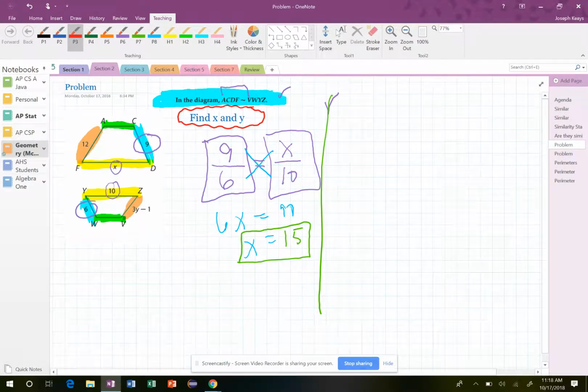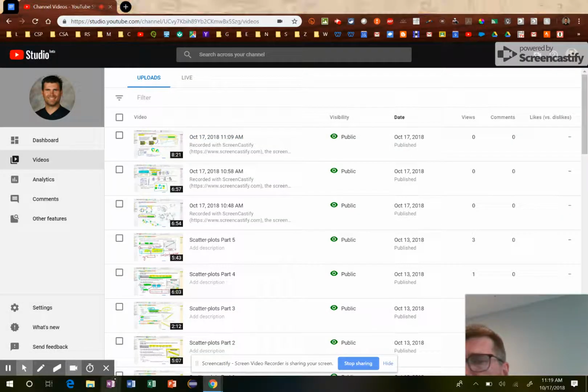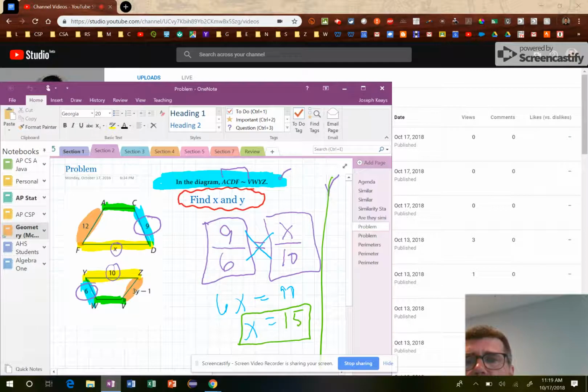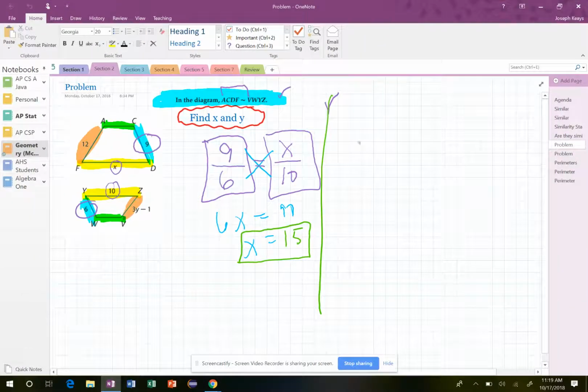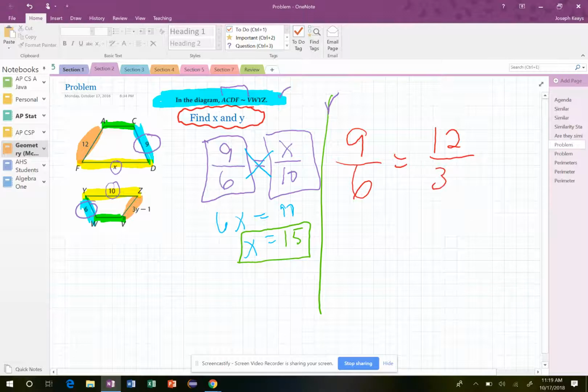Well, the only other goal here is to find y. And once again, I'm going to use my crutch. My crutch is 9 over 6, and that's going to be proportional to 12 all over 3y minus 1. I'm using 12 and 3y minus 1 because they correspond to each other.